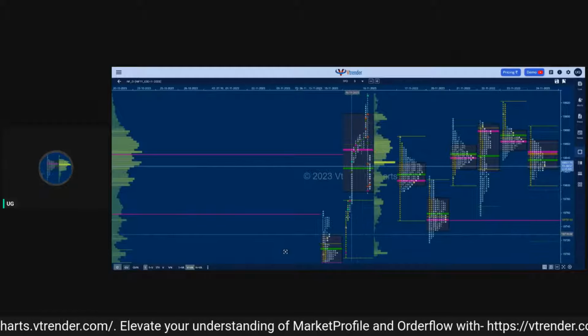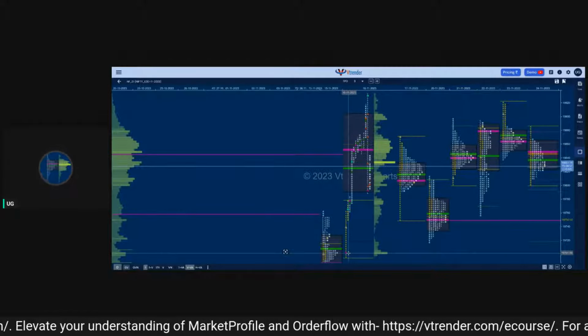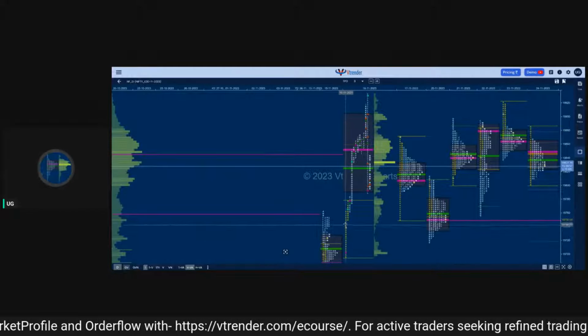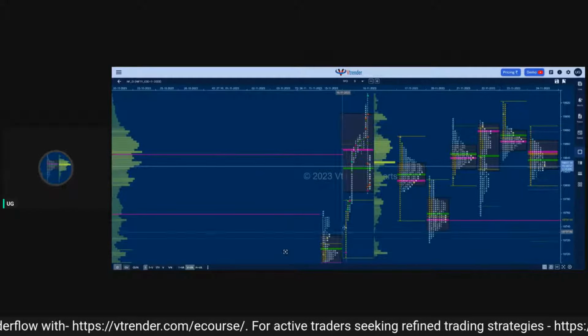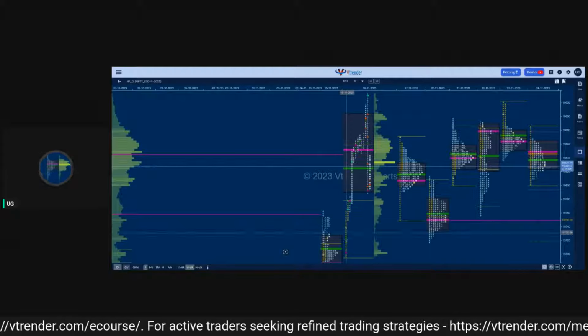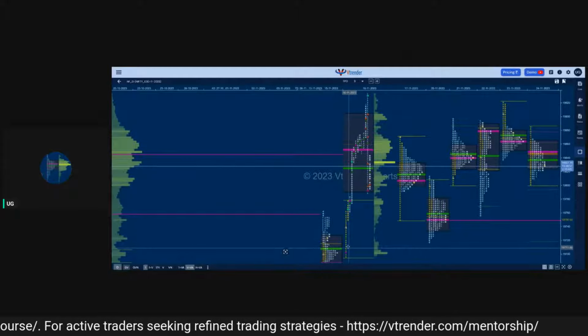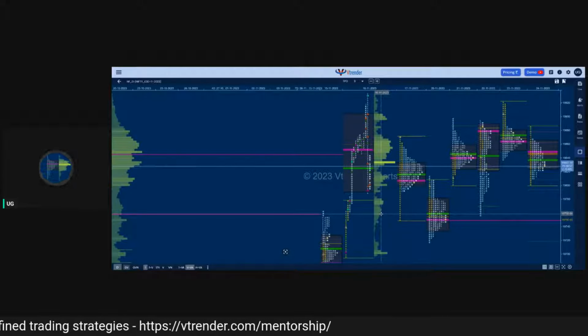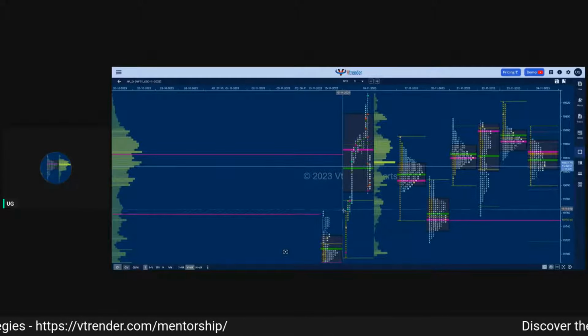So when you have this initial balance, which is a pretty large range relative to other days which we had this month, and we have such a long buying tail, a zone of singles, you have only A period over here and nothing else. So this tells you that you have initiative players who have entered the market.